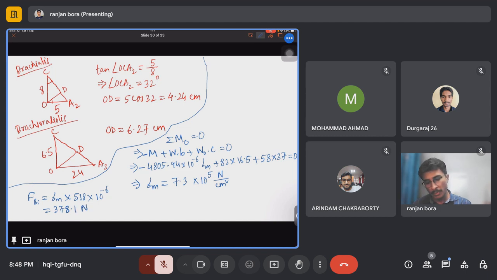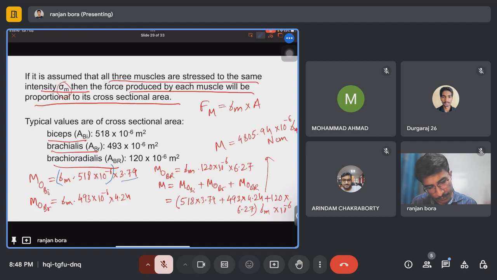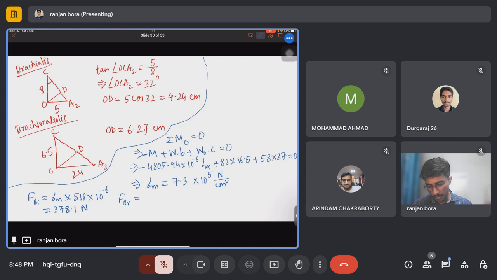Similarly, for brachialis, this is 493, and we get 359.8 Newton.